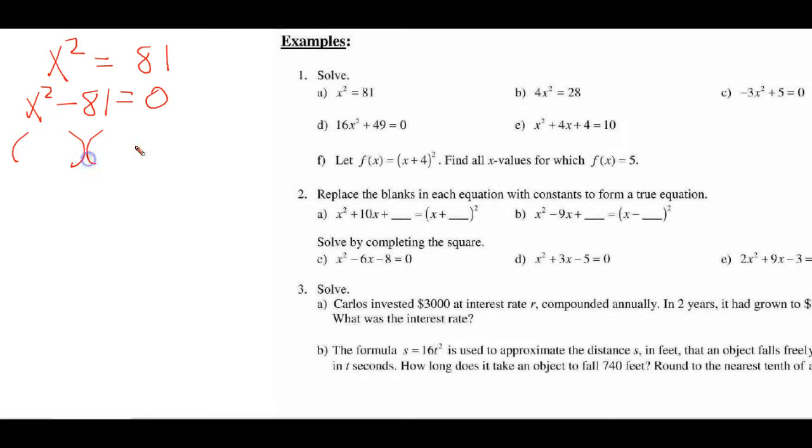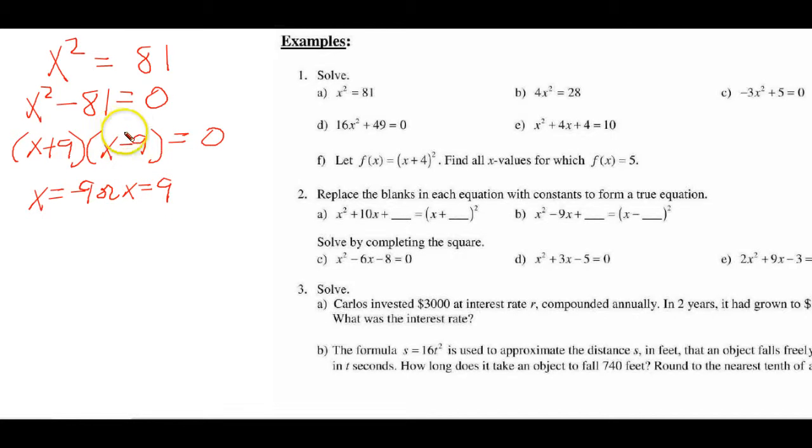That factors into its conjugates. And we get then x equals -9 or x equals 9.